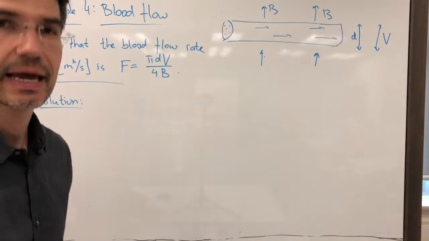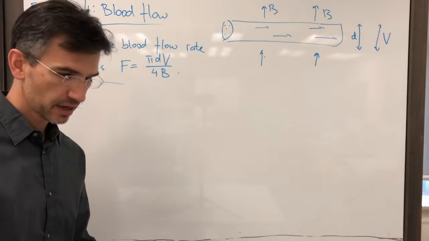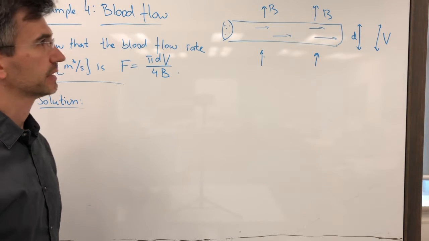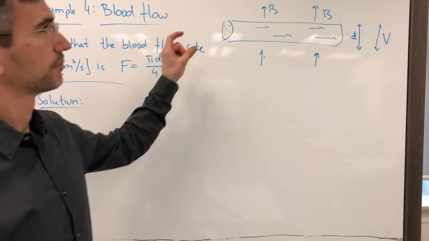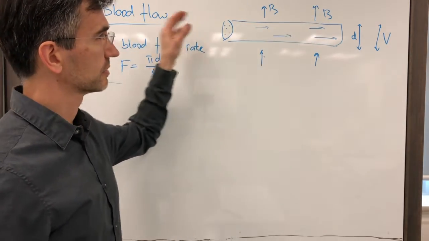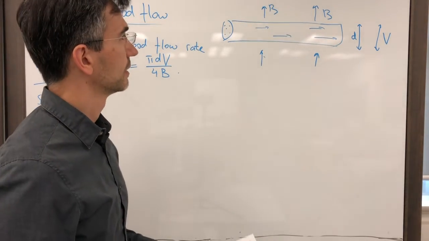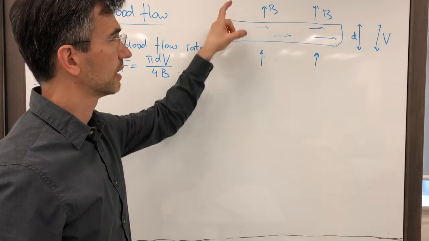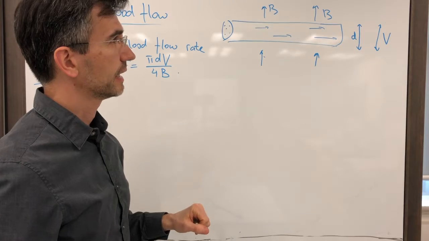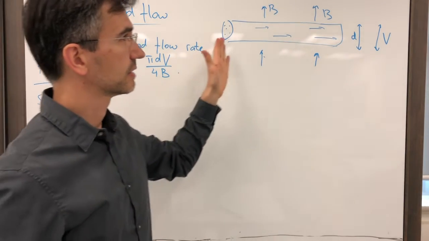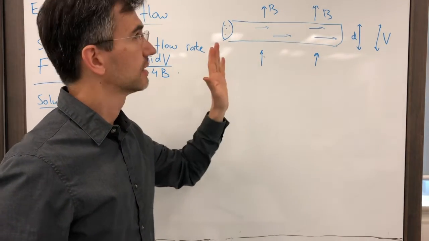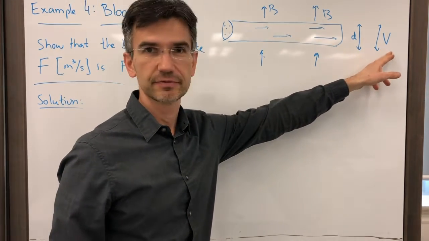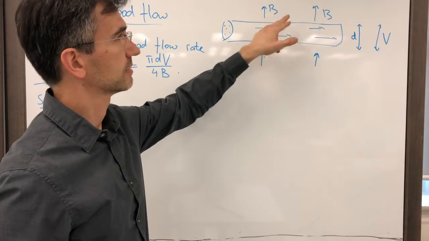This is the fourth and last example in the motional EMF lesson, and it's that of measuring blood flow rate. What we're told is that blood vessels, which carry blood, are in this case subjected to a magnetic field across them, and because blood is conducting, that ends up developing a motional EMF V across the blood vessel.